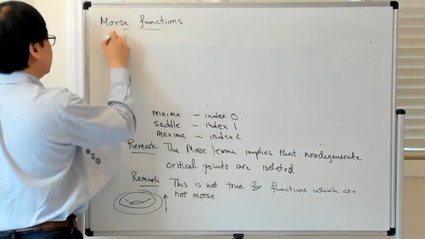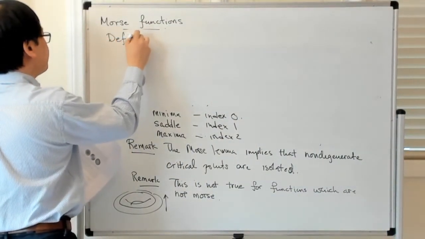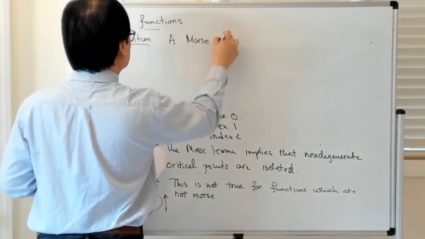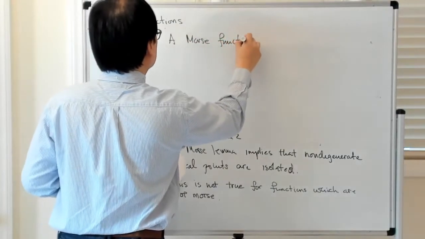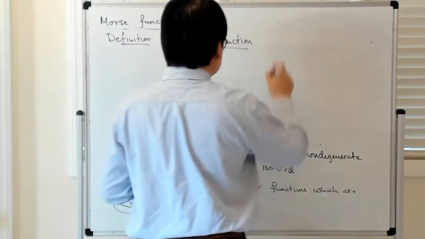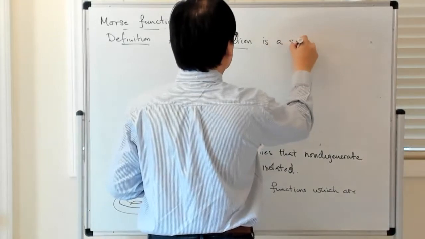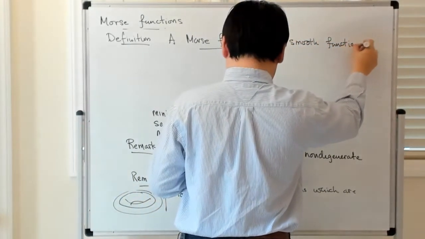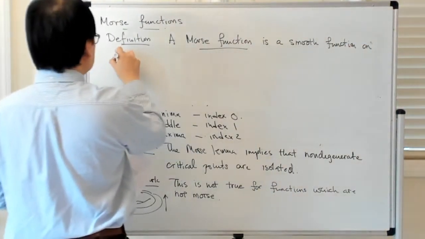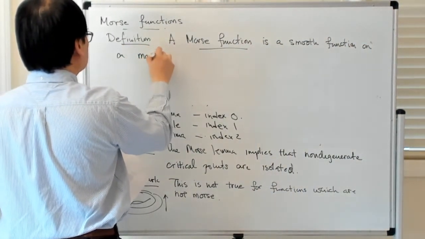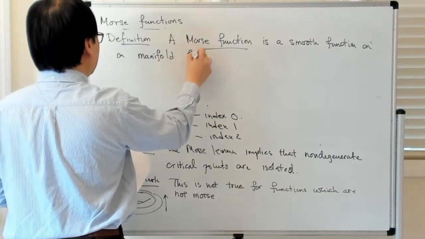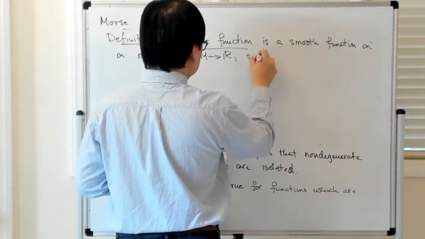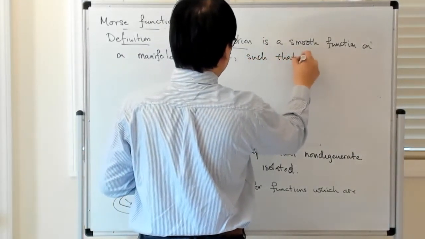Definition: a Morse function is a smooth function on a manifold, f, a map from the manifold to the reals, such that two things are true.